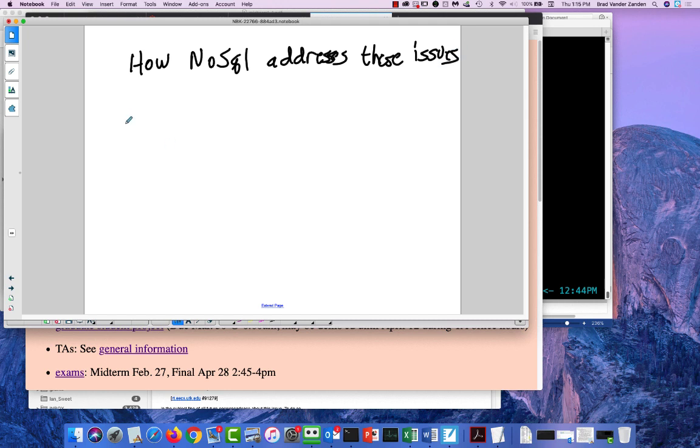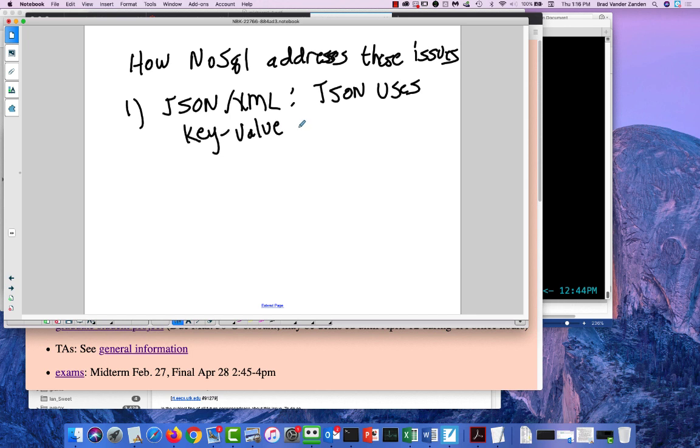Okay, the first thing is they hit on JSON or XML, but usually they use JSON as new descriptive languages. As you saw today, JSON is key value pairs. It uses key value pairs to store data.